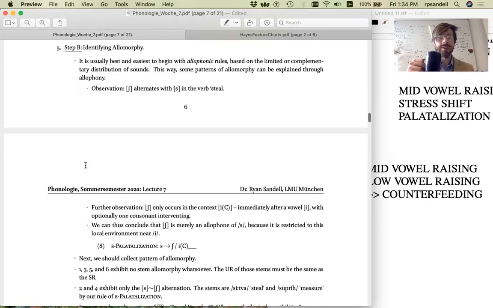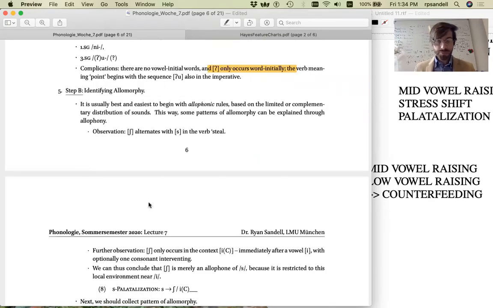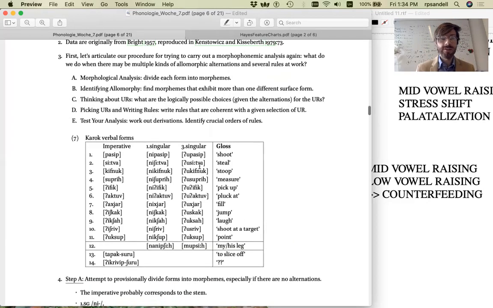So the context in which sh occurs is limited to this context of e with one intervening consonant. And since the sound sa occurs more broadly, it can occur word initially, it can occur after the vowel u.